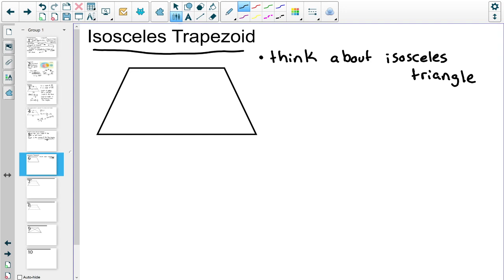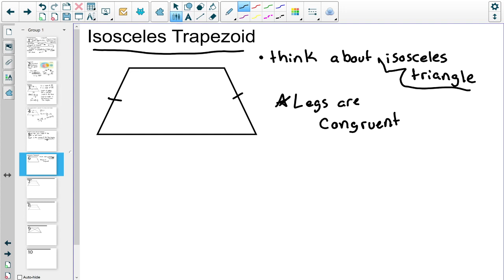Anyway, so things to do when it comes to isosceles trapezoid is think about the isosceles triangle because the same properties are kind of applicable here. What we'll say is both legs are congruent. So the legs are congruent. That's an important one. Just like an isosceles triangle, an isosceles trapezoid has congruent legs.